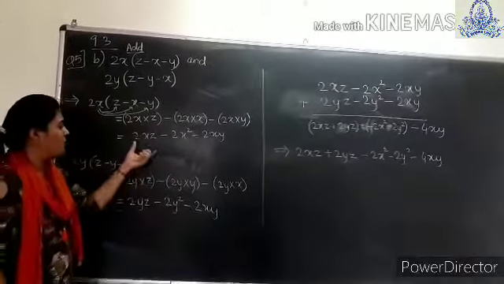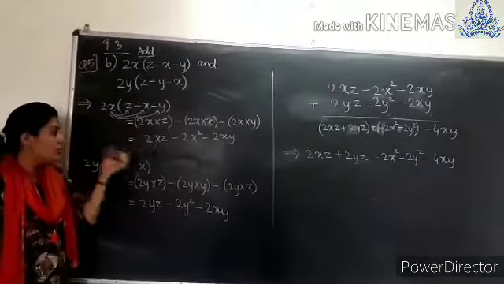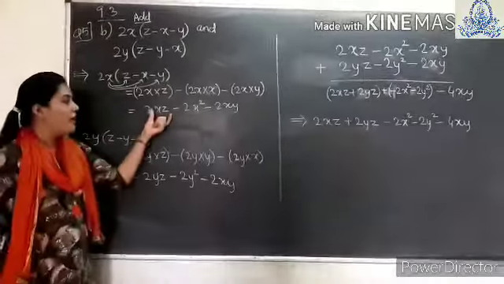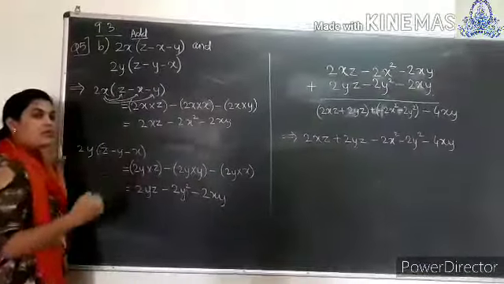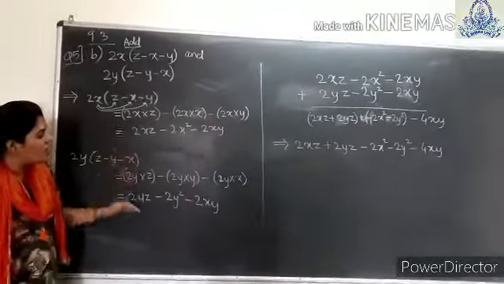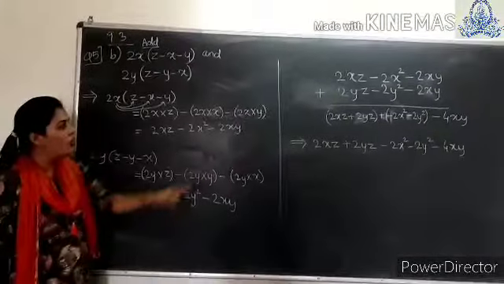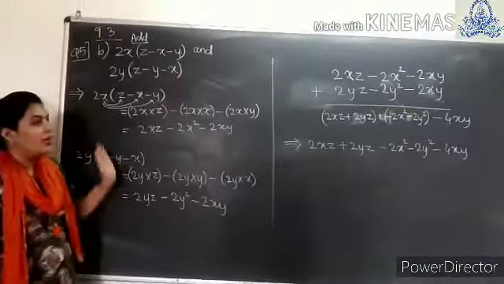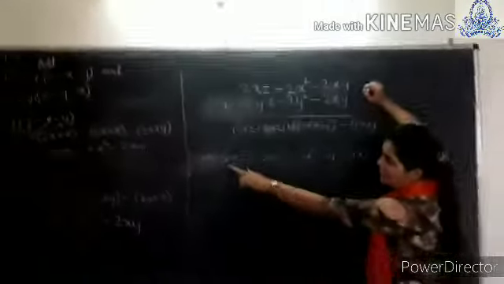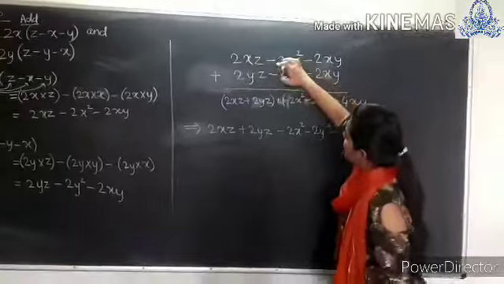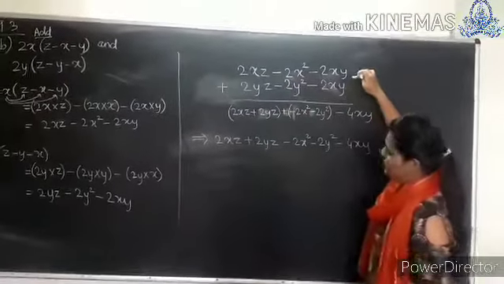In one of the previous videos, I told you that while adding, we have to arrange the variables below each other. Now see here, which variables are the same here? Only xy. So let us see how to add this. First we write the first expression, 2xz minus 2x square minus 2xy.